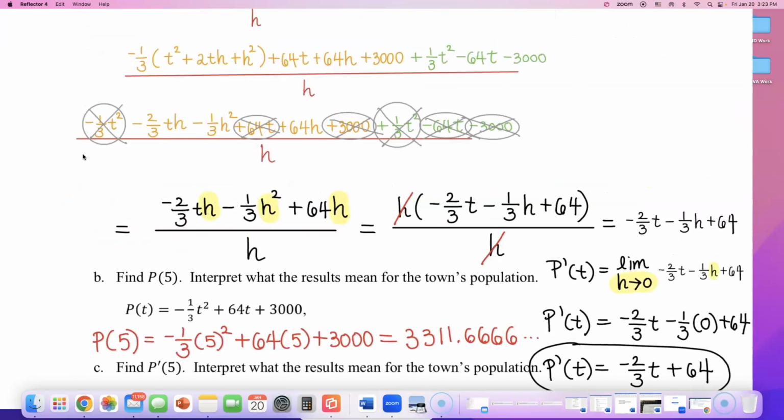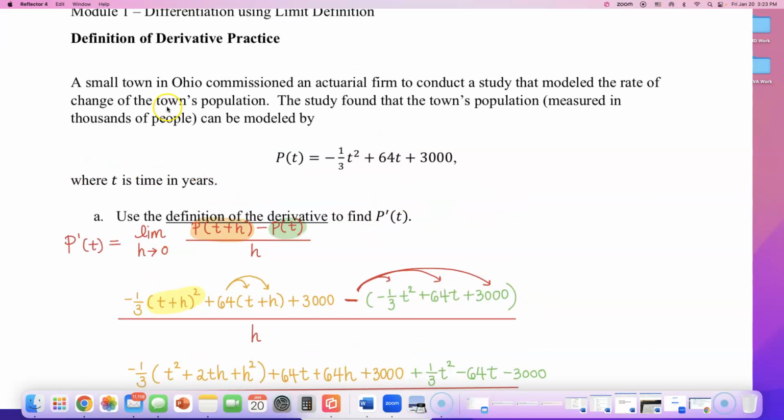Let's go back and read that part. They said the study found that the town's population can be modeled by this, measured in thousands of people. So I'm going to multiply our answer by 1,000 because the unit is in thousands of people.